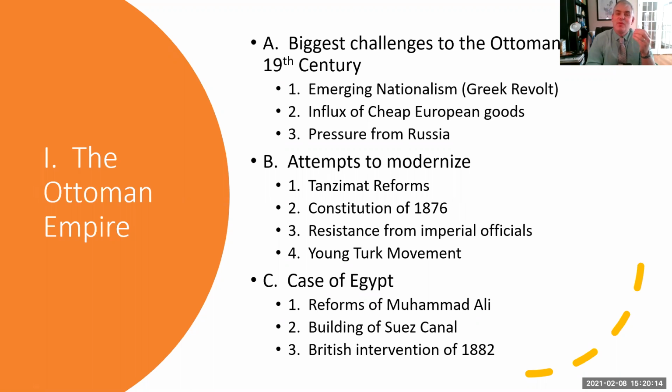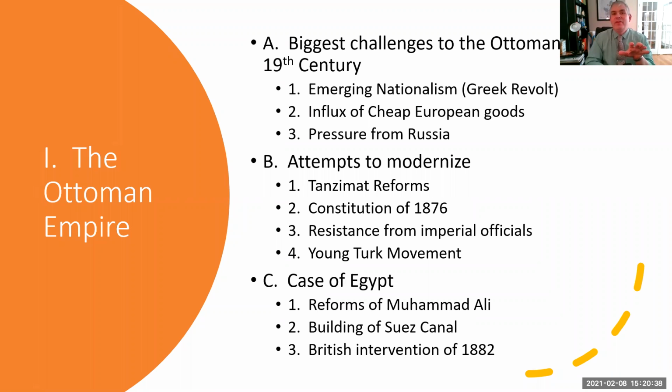So the Tanzimat reforms begin about 1839, and a series of changes to the education system, to the laws, the legal system, creating equality for all religions, economic practices, an attempt to modernize the Ottoman Empire is underway because of the Tanzimat reforms.